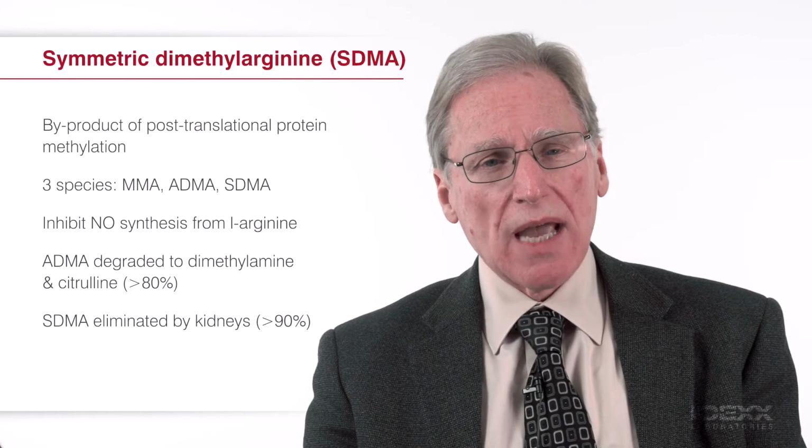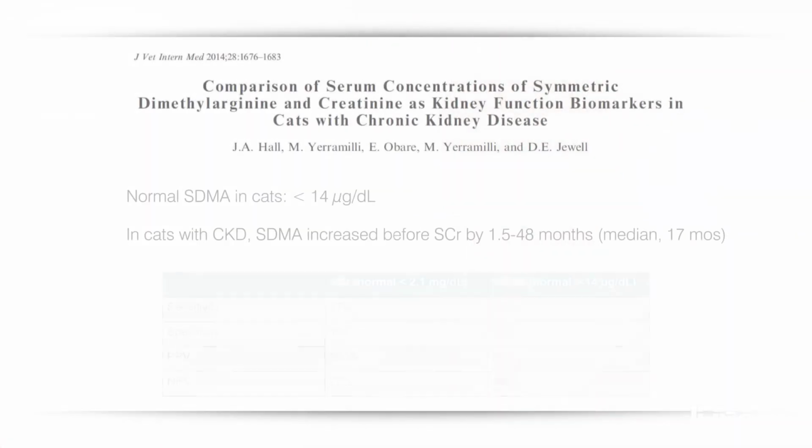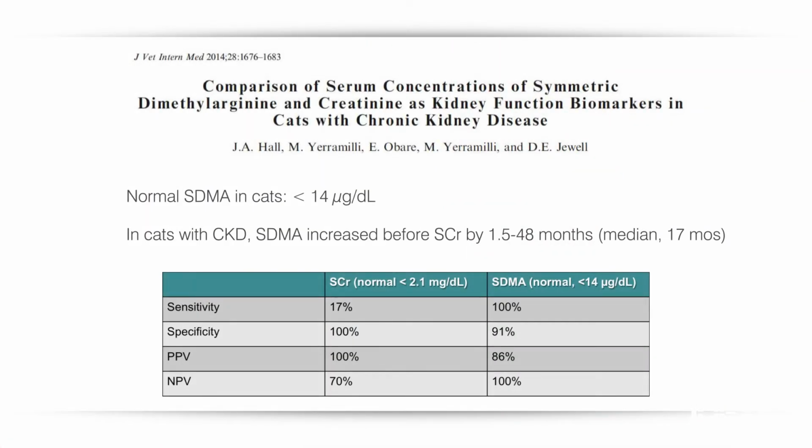Now, if you recall with creatinine, creatinine is affected by the muscle mass of the individual. The good thing about the SDMA test, it is not affected by the muscle mass of the individual, and that is a big advantage. In a recent study that was done about SDMA in cats with chronic kidney disease, it was shown that the normal concentration was less than 14 micrograms per deciliter, and that in cats with chronic kidney disease, the SDMA increased on average about 17 months before the serum creatinine increased.